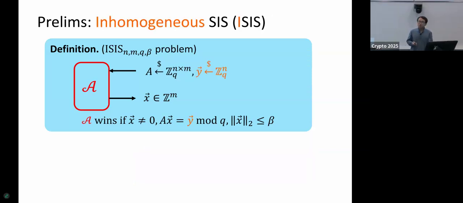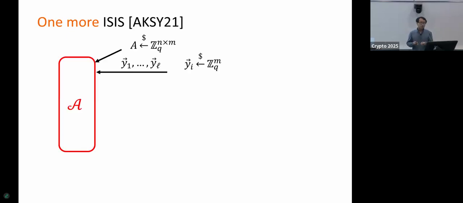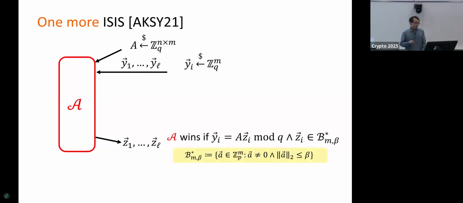And ISIS refers to the inhomogeneous version of SIS, where the only difference is that now the goal is to find a short solution for a random target y. Now let's first see what the one-more ISIS problem is. Here the adversary is given L ISIS challenges, and the goal is to output a short solution for each challenge. Here we use the convenient notation B star to denote the set of all vectors that are non-zero and short.